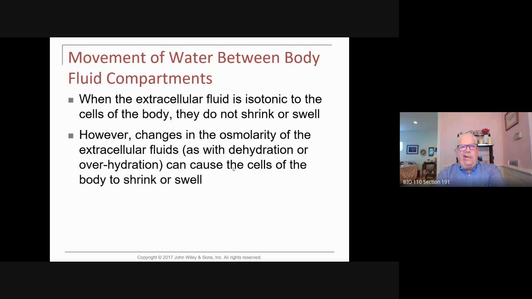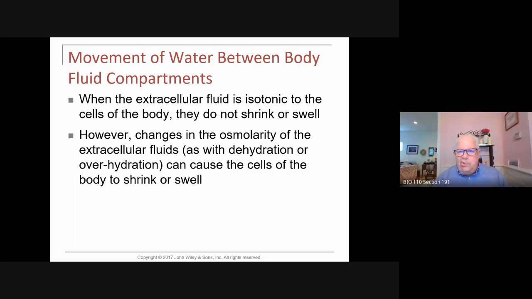When your extracellular fluid is equal to the intracellular fluids, this is known as isotonic. Isotonic. And your cells are normal. However, when you are dehydrated or overhydrated, your cells will either shrink or swell. You have learned this in AP1.